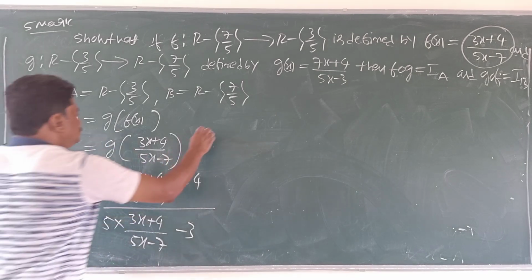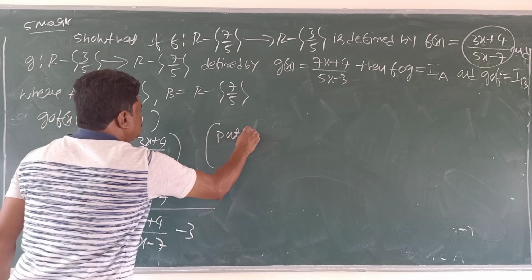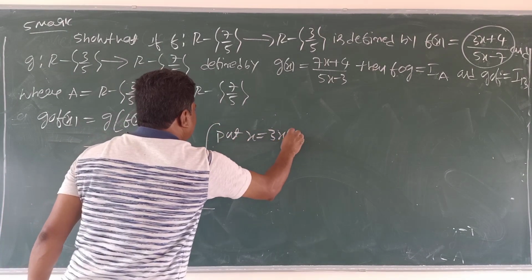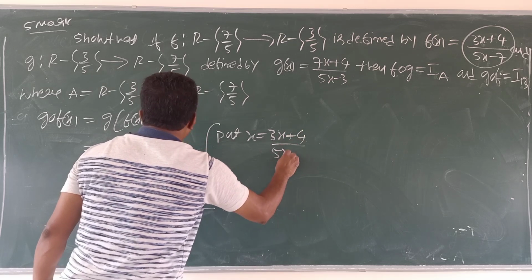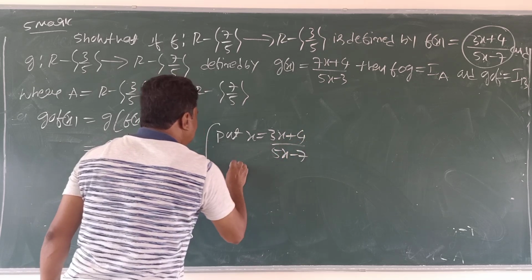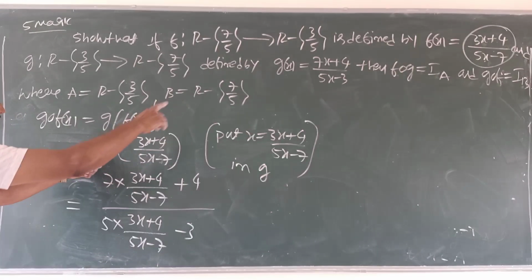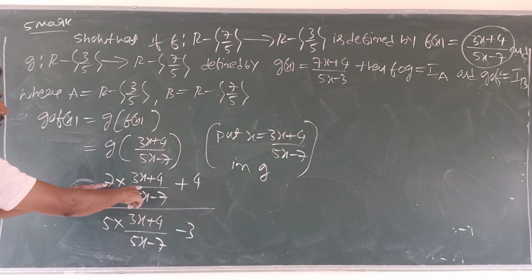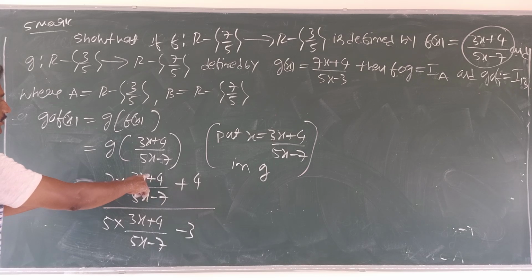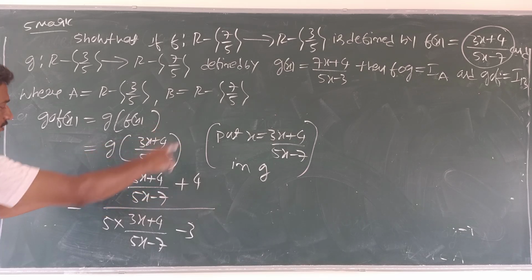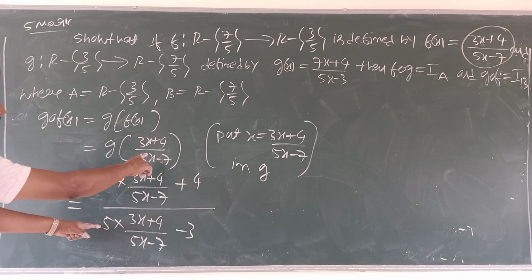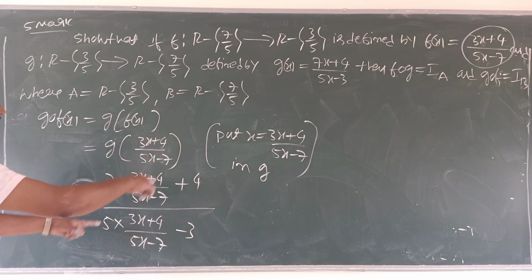Put x equals (3x + 4)/(5x - 7) in g. Simplify this.